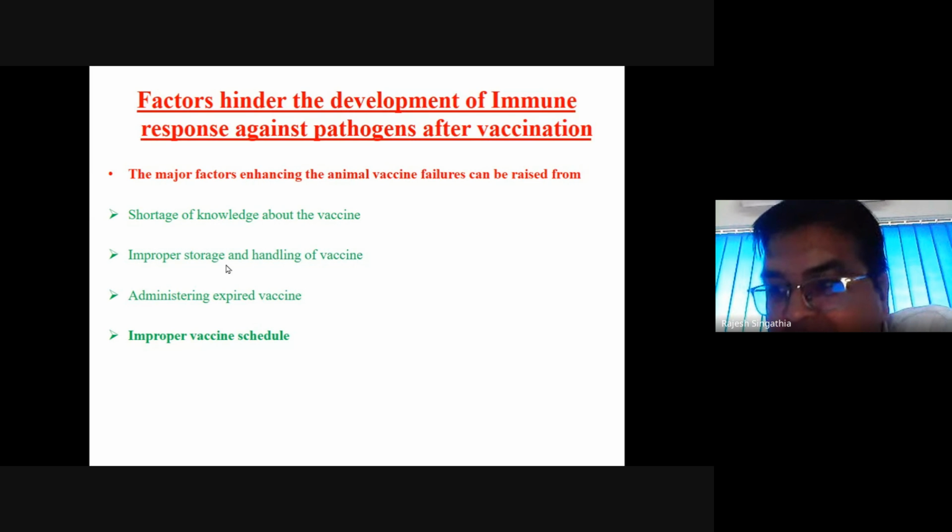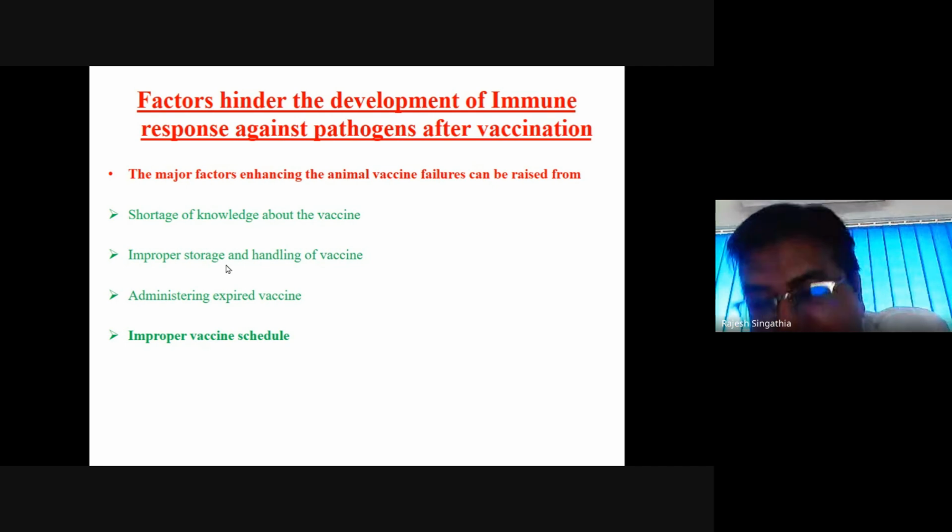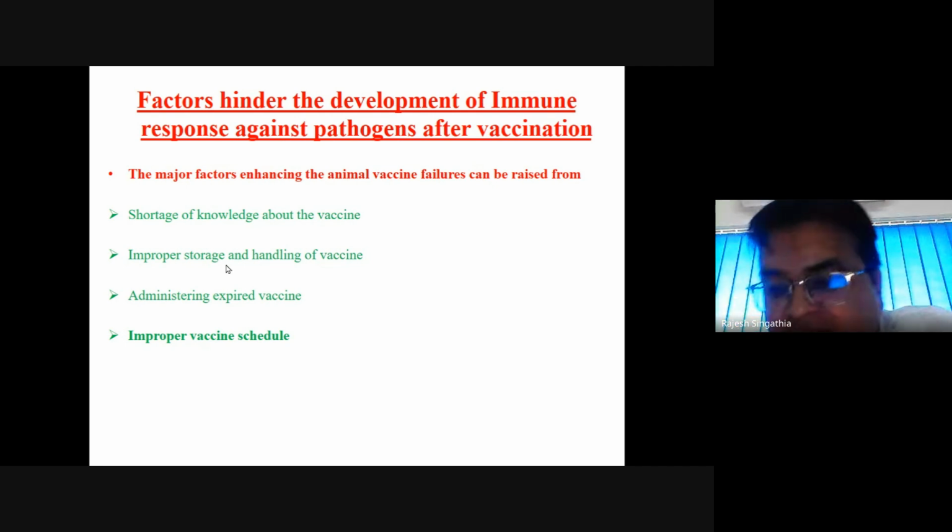Extrinsic factors like infection. Failure occurs due to vaccination of an animal already harboring infection, with the pathogen incubating for the disease. If there is infection already in the body, then there is a chance of vaccine failure. If there is a heavy parasite load, there is a chance of vaccine failure. If the animal is diseased and antibody treatment is going on, then there is vaccine failure.